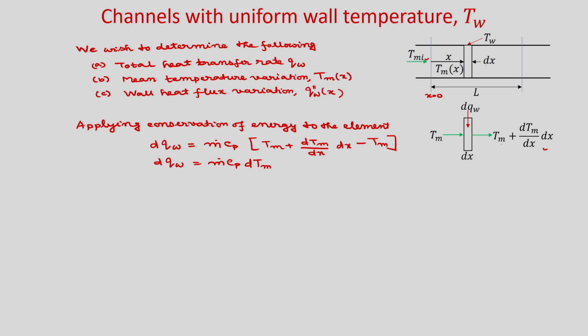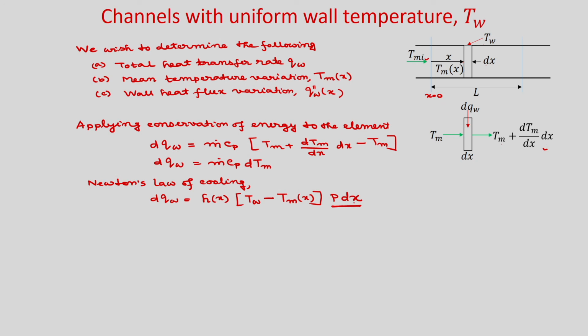Now, you apply Newton's law of cooling. You can write dQW equal to h, which is a function of x, into temperature T wall minus T m of x, into the area. The area is P into dx, where P is the perimeter and dx is the length, so your heat transfer area will be P into dx.